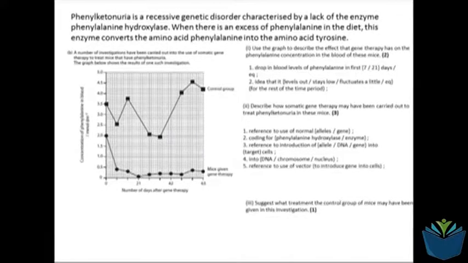Then you reference the use of a vector, so how that section of DNA is placed into the organism, and we use the word vector, meaning transport system. You can then mention the type of vectors used, for example a virus or a liposome. You could also credit the delivery method, for instance a spray maybe, or an injection.